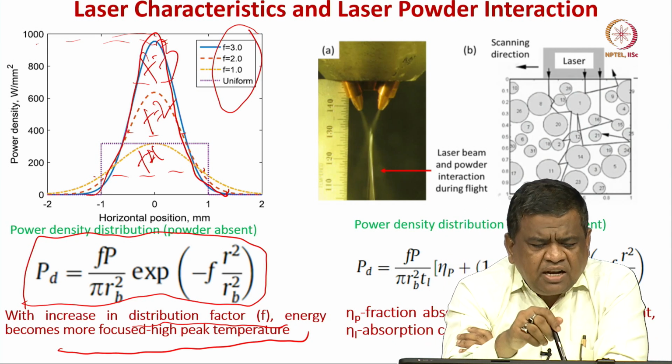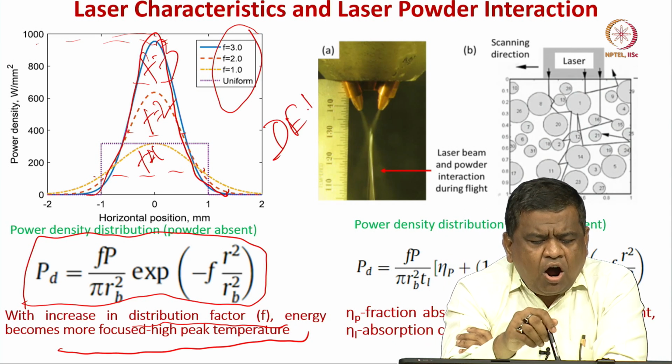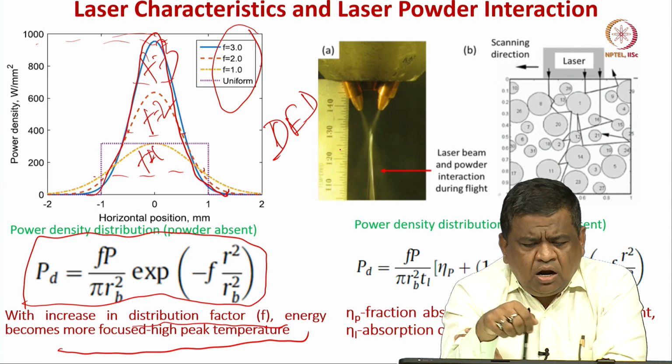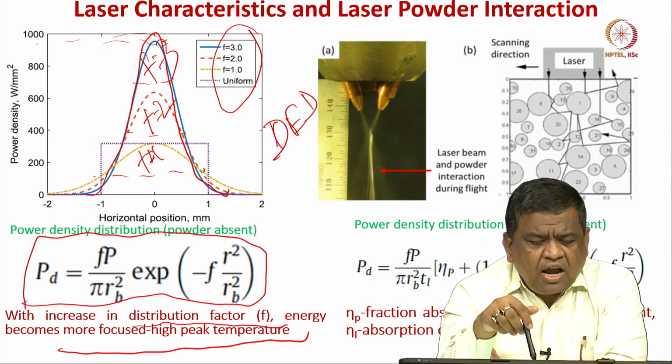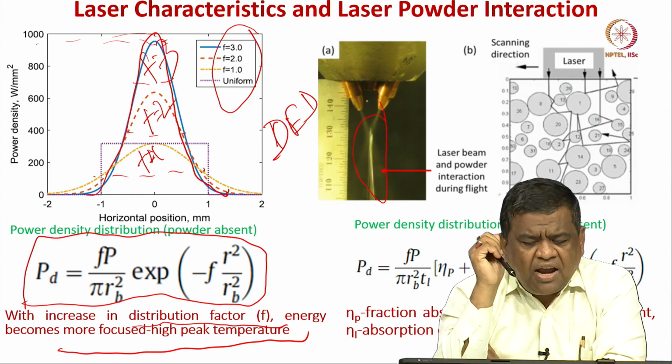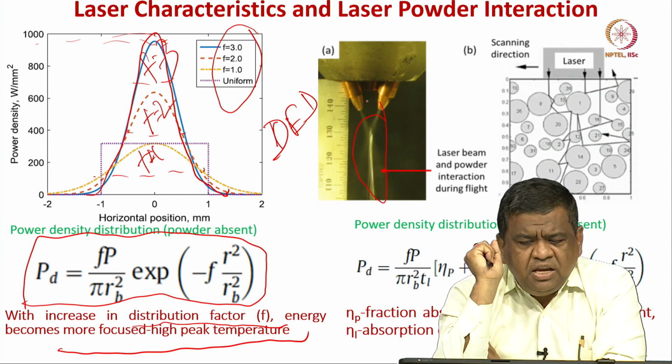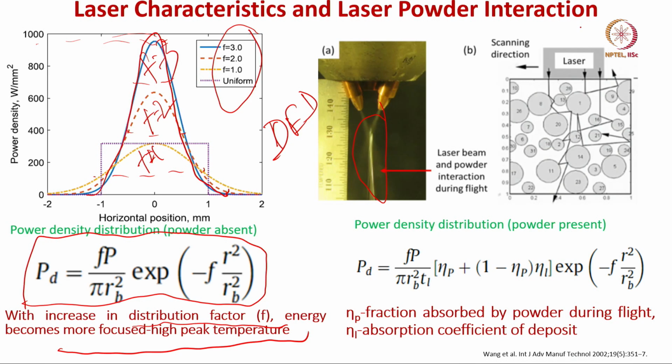Now, in a process like DED or LENS processes, the laser beam will have the opportunity to interact with the powders during the flight itself. And in the case of powder bed processes, the laser beam will be falling on the powders, and depending on the powder particle size distribution, it will be interacting with these powder particles.